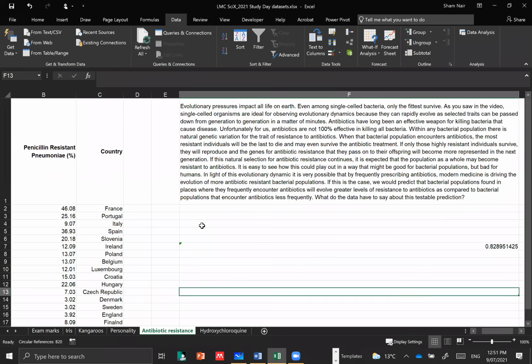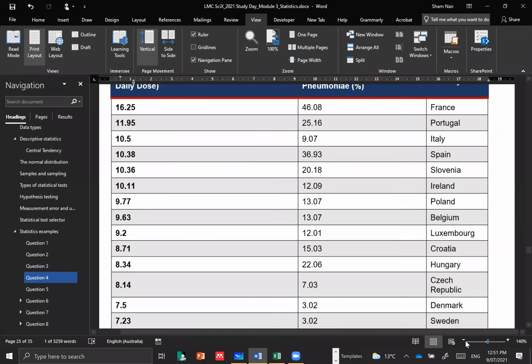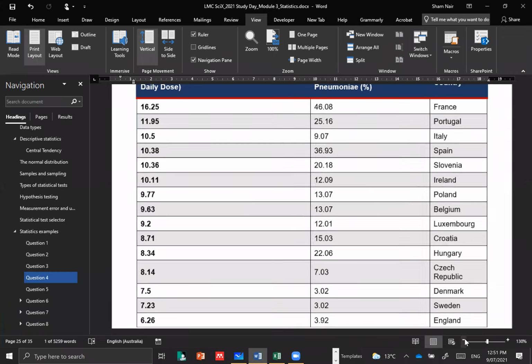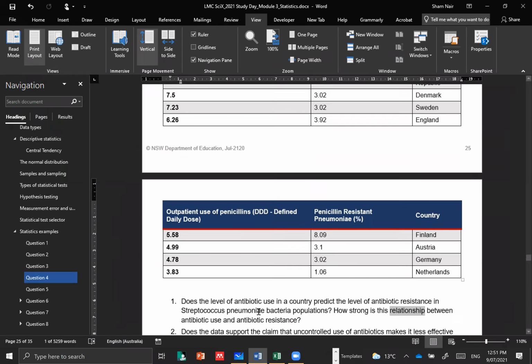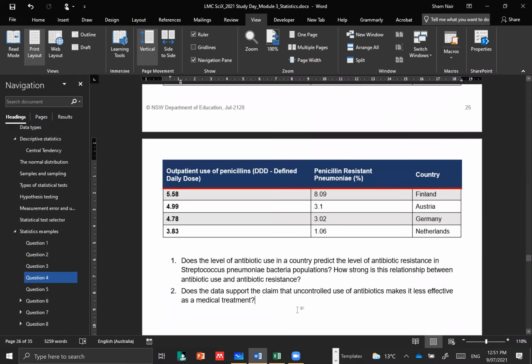Essentially, when you do the Pearson correlation, it will tell you what the correlation coefficient is, 0.82. So you can then do that analysis here for this question.